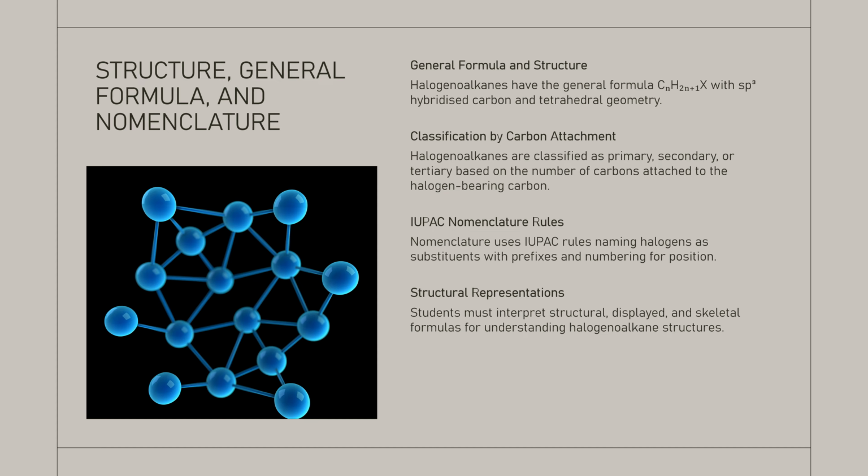Halogenoalkanes are classified as primary, secondary, or tertiary depending on how many alkyl groups are attached to the carbon bearing the halogen. In a primary halogenoalkane, the carbon bonded to the halogen is attached to only one other carbon, whereas in tertiary halogenoalkanes it is attached to three. This classification is crucial when predicting reaction mechanisms, particularly whether a reaction proceeds via SN1 or SN2.